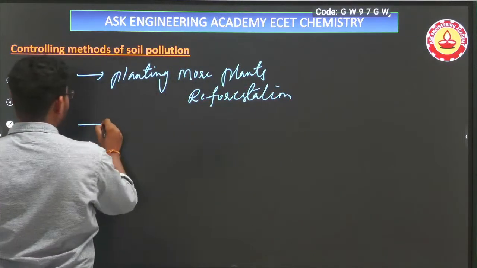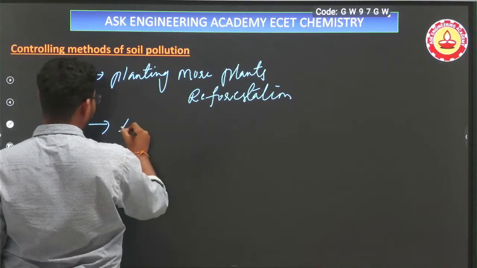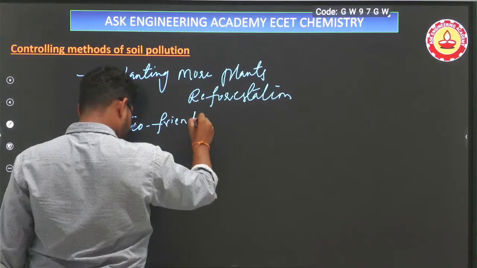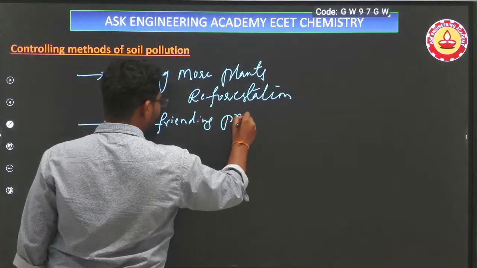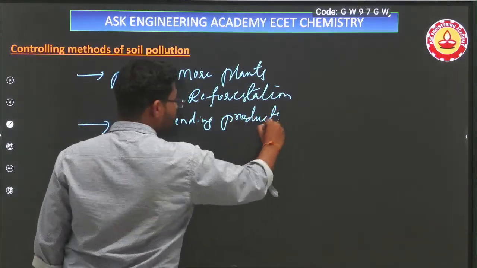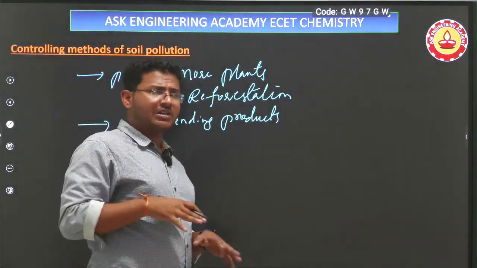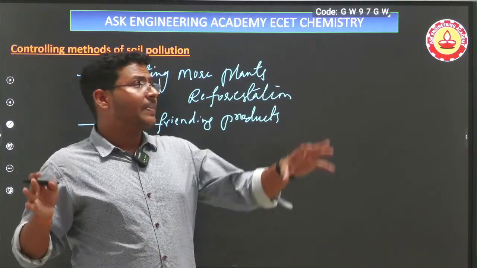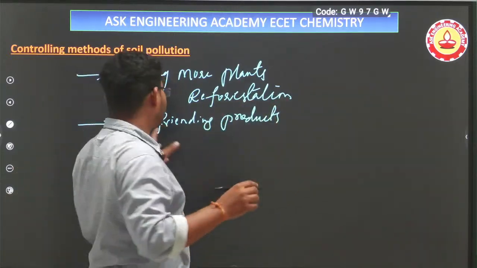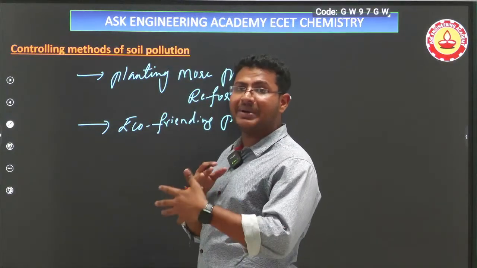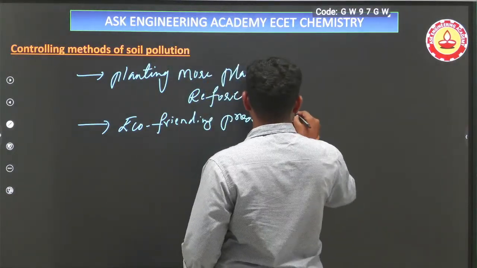And we should use eco-friendly products in agriculture, which do not cause any harmful effects to the environment. So those are called eco-friendly because they are friendly. Itlanti negative impacts చూపెట్టరు కాబట్టి eco-friendly products in agriculture.